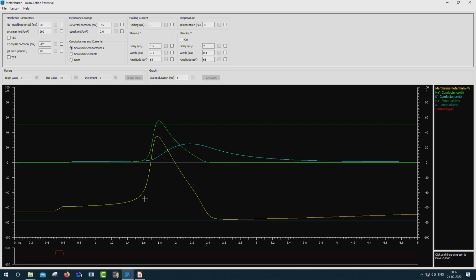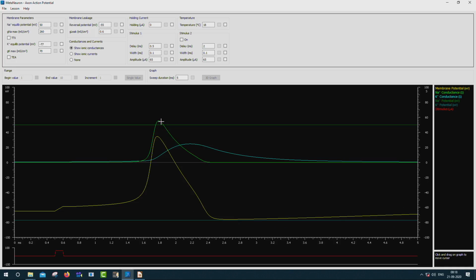Right at the beginning of the upstroke of the action potential, the sodium conductance increases. It goes up and then inactivates, it comes down. The potassium conductance, on the other hand, and that's why it's called a delayed rectifier, takes off more slowly. It's delayed, and then it lasts for a much longer time, right till the end of the action potential's afterhyperpolarization, and comes back to normal. So these are the conductances.